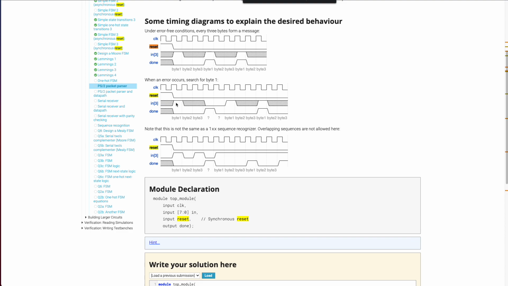I always assume I'm byte 1, and then if I encounter this, then I go to 2, 3 vacuously, and then 3 goes back to 1. But if I'm in byte 3, I set done in the next cycle. And I'm back to byte 1. And if I'm back to byte 1, I can continue this. And so in this case, I ignore this in.